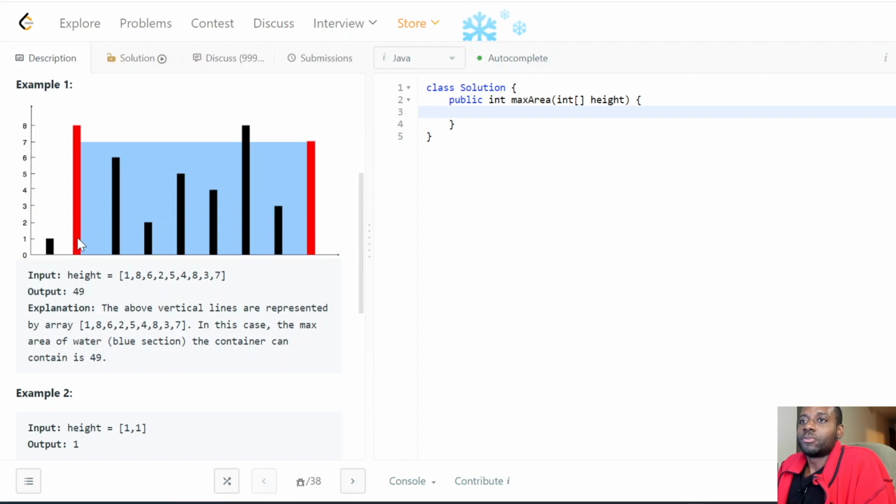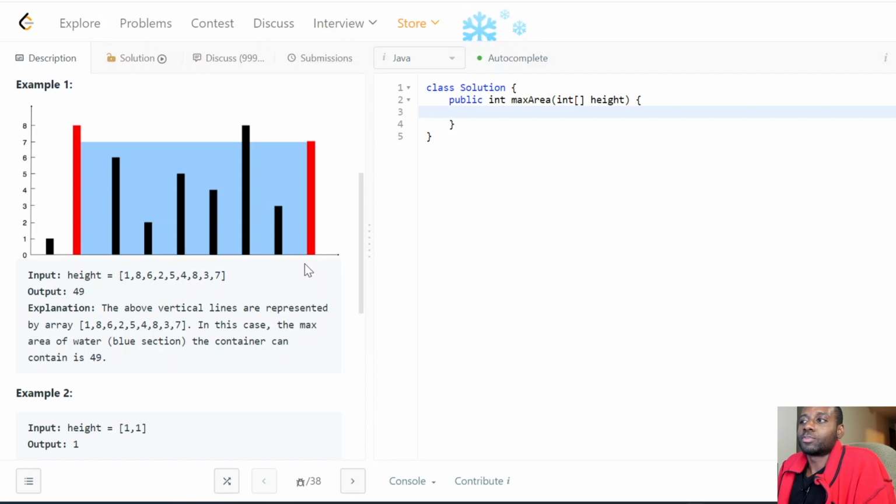If we move the one that's the tallest, not only is the width getting smaller, because we're moving inwards, but when we calculate the height, say we find a taller line, it will still be bounded by the shorter line. So this would not help us at all, because we're shrinking the width and the height will still stay the same.